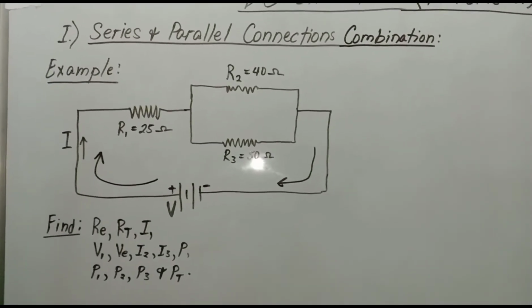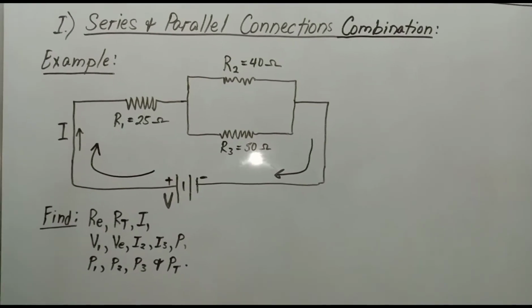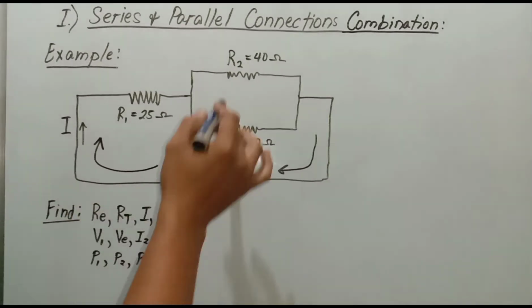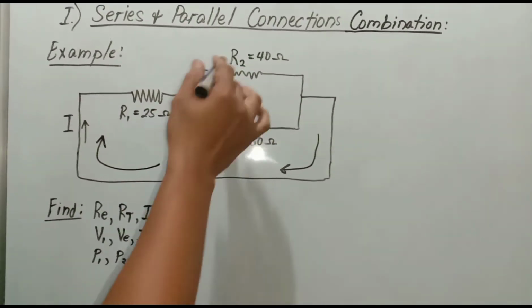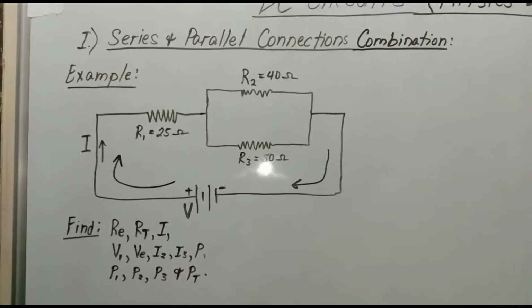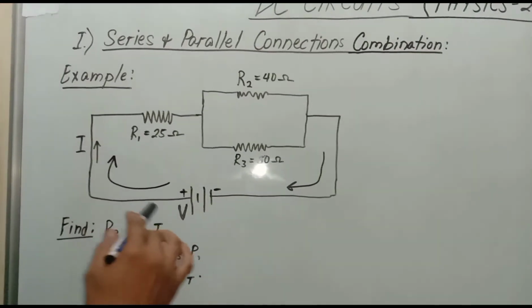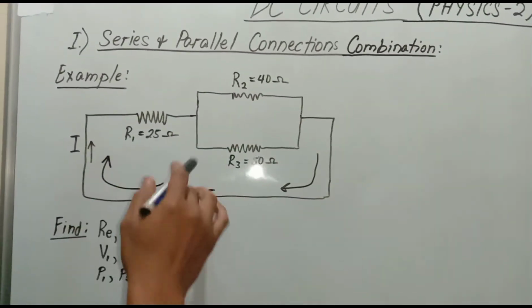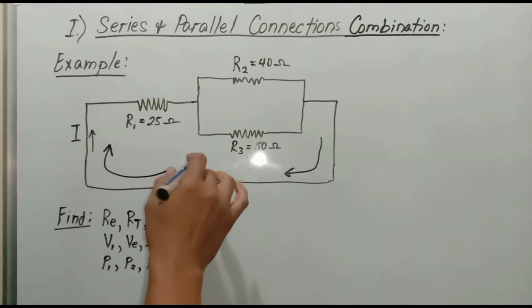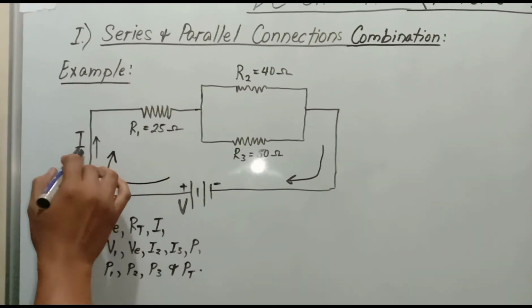Now, the requirements for this example are: first, find the equivalent resistance of this parallel connection. Second, the total resistance of the circuit. And then the current flowing in this circuit, I total.